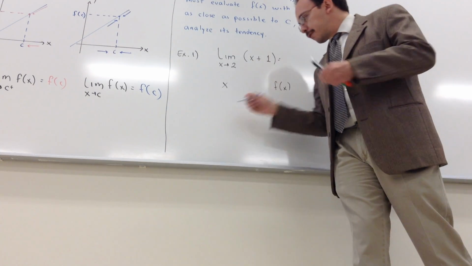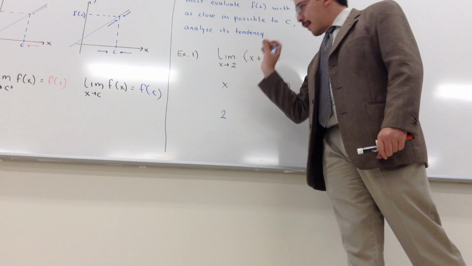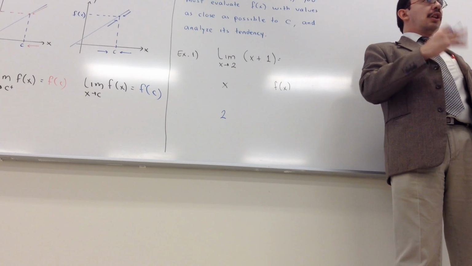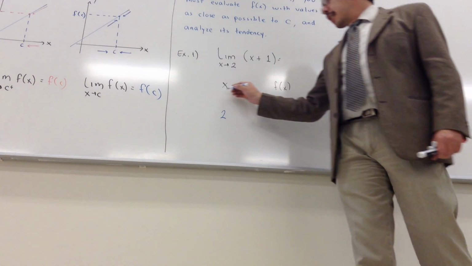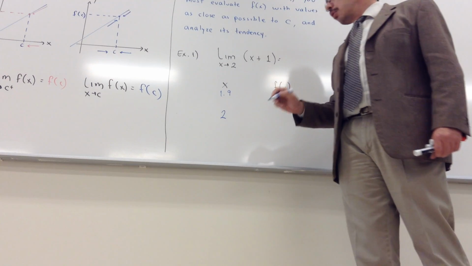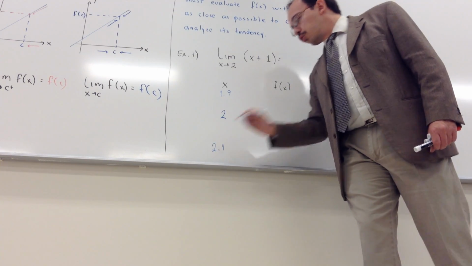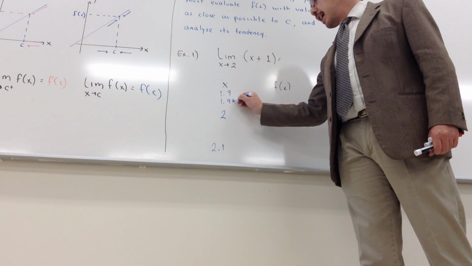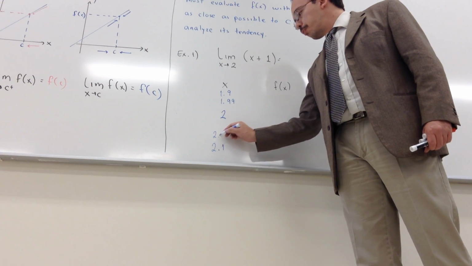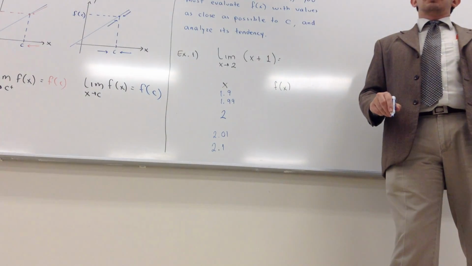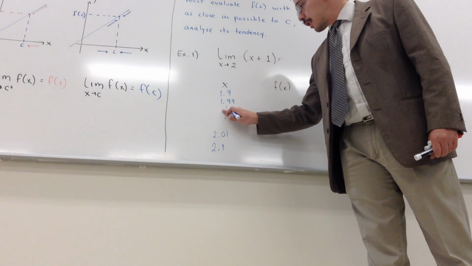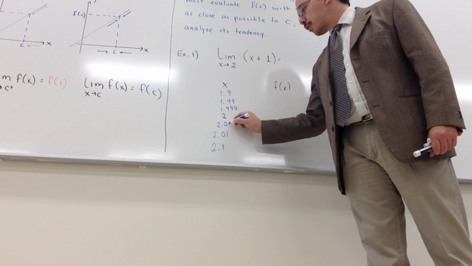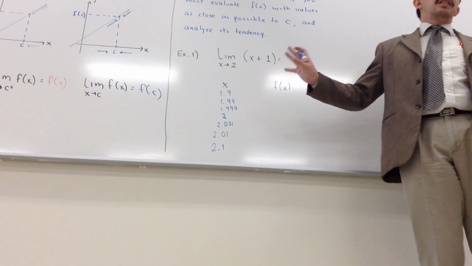I have the 2 here, but what could be a value that is close to 2 without being 2? 1.9, or another one could be 2.1. Even closer, 1.99, for example, 2.01 from the other side. Or perhaps 1.999 or 2.001. You don't need to give as many values, but I'm just giving that as an example.